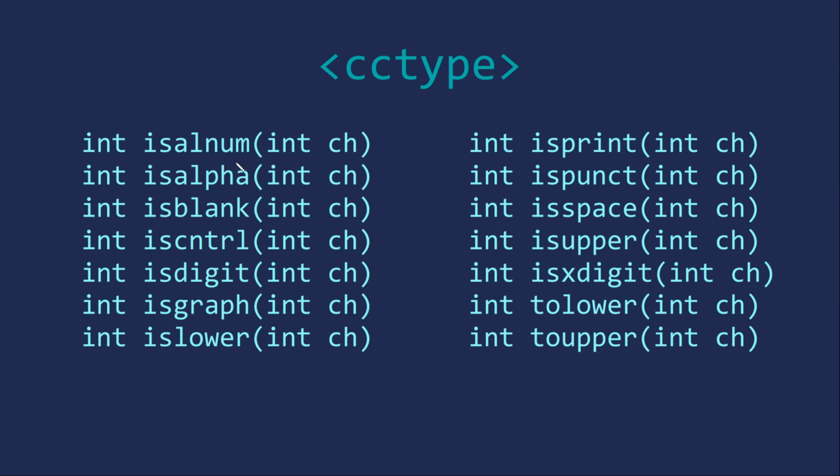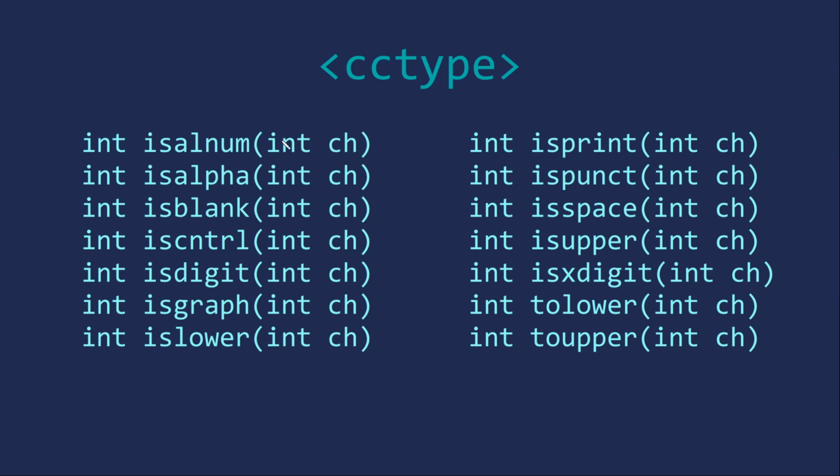So isalnum, isalpha, isblank, iscntrl. Now note the declaration has int here and int here, but think of it as it returns a bool, though it can be any value. 0 will be false, anything else will be true, as always in C++.